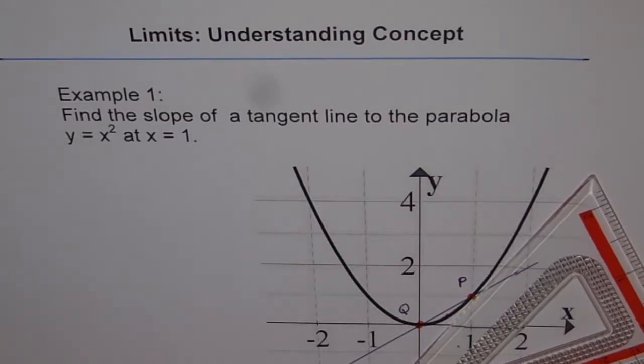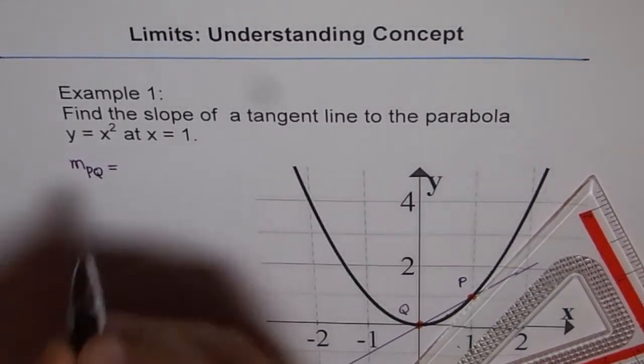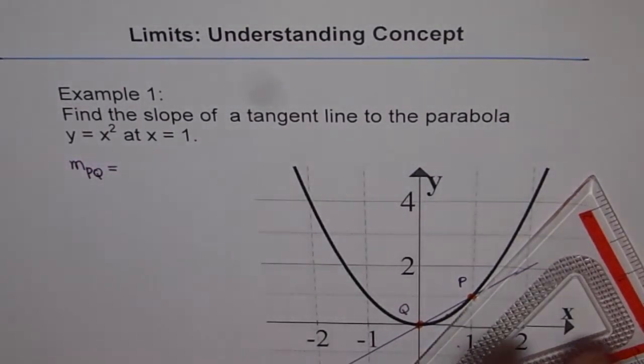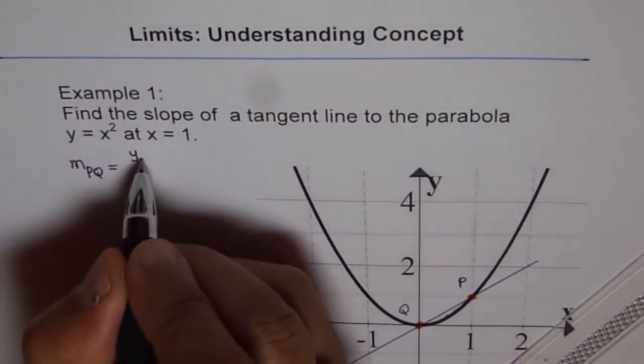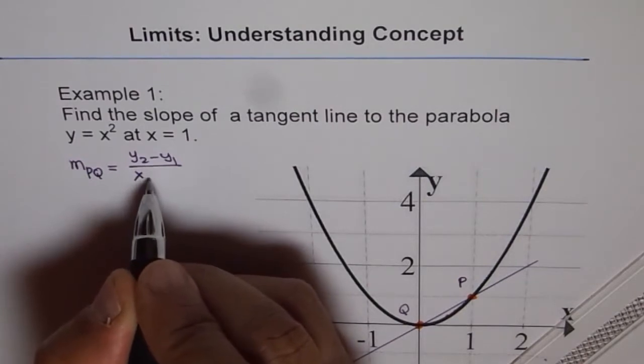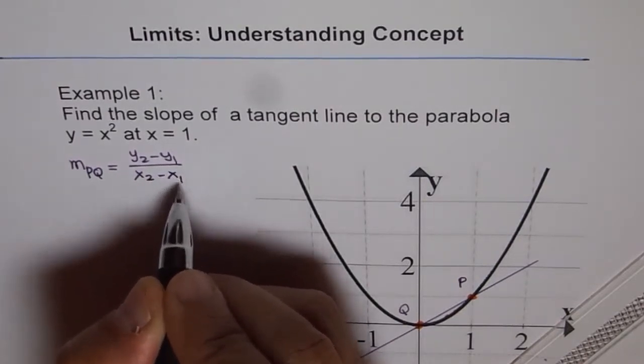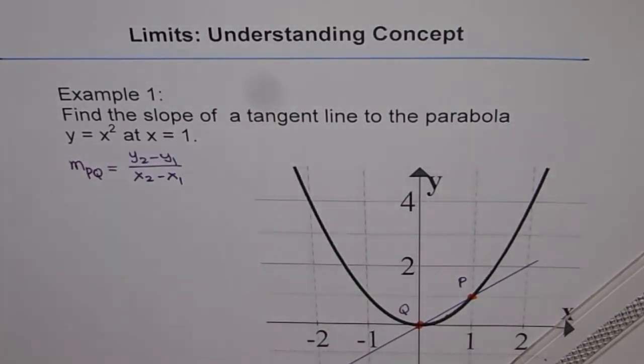So basically, let's say we want to find the slope between 2 points, which are P and Q. We can write the slope between P and Q is equal to y2 minus y1 divided by x2 minus x1, where x1, y1 and x2, y2 are 2 different points on the curve.